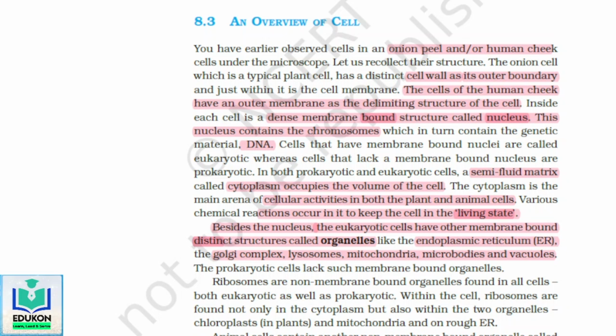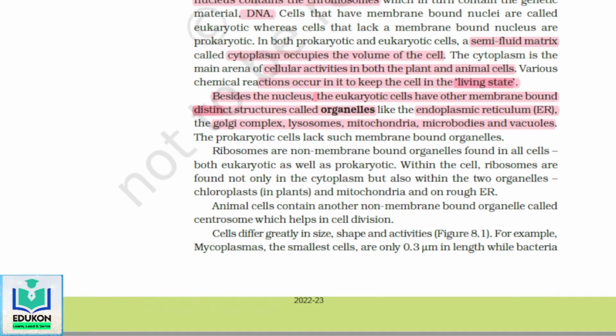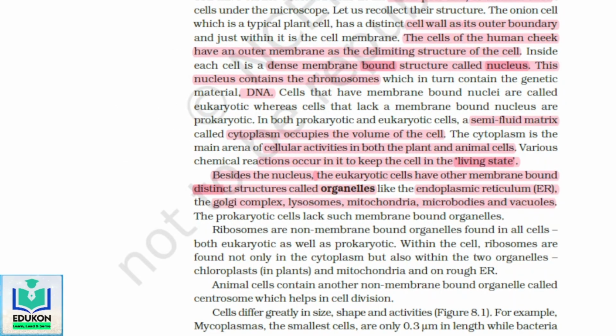One common thing between prokaryotic and eukaryotic cells is that organelles such as ribosomes, which are non-membrane-bound, are found in all cells. Remember this, what we learned about membrane-bound organelles in eukaryotes.